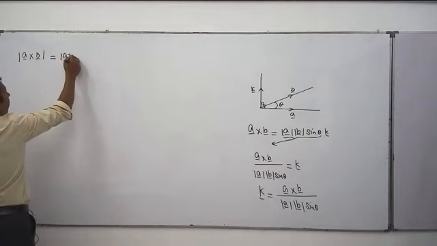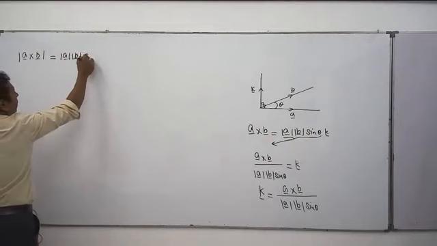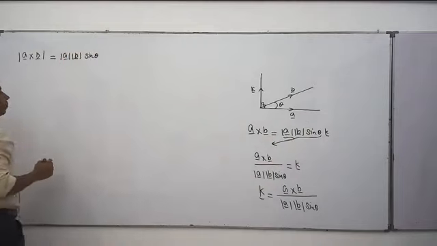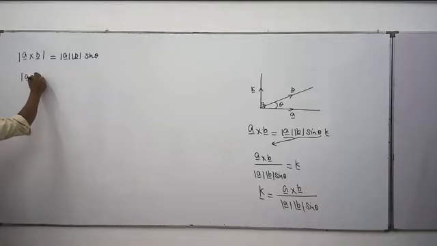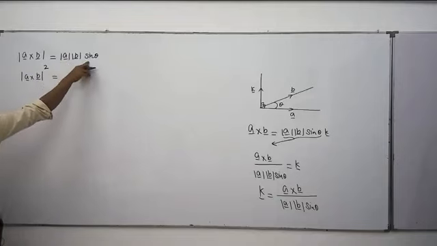Then A cross B modulus squared means you have to square this right hand side.